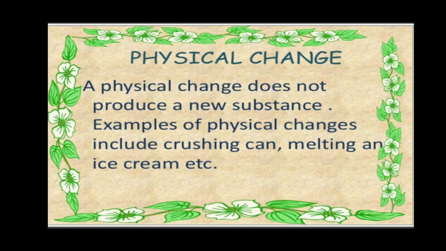It is still white, the taste is the same, it is sweet, and it is odorless. So there is no new substance formed during this process. These are certain examples of physical change. So what is a physical change? A change in which no new substance is formed.